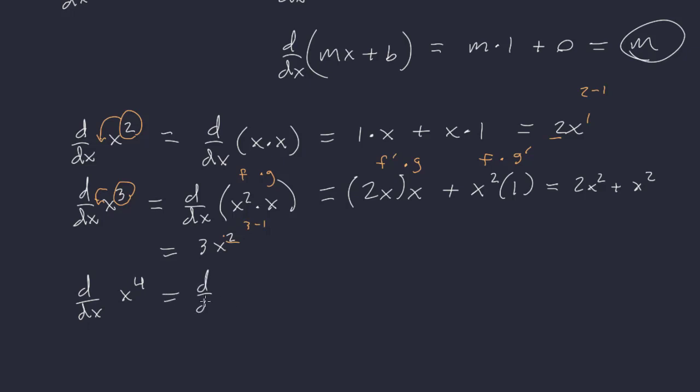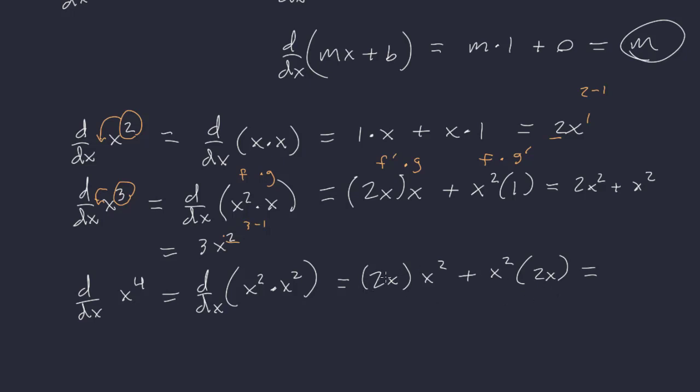Well, again, the derivative of x to the 4th, I could rewrite this as x squared times x squared and then just use the product rule again, right? We'll have 2x, derivative of the first times the second left alone, plus the first function left alone times the derivative of the second function.